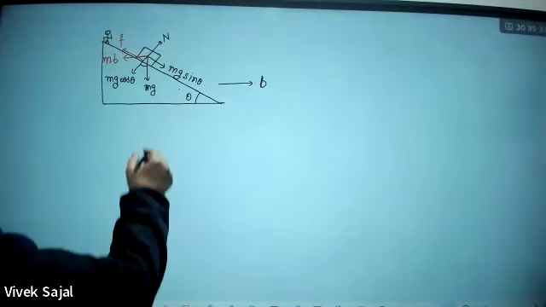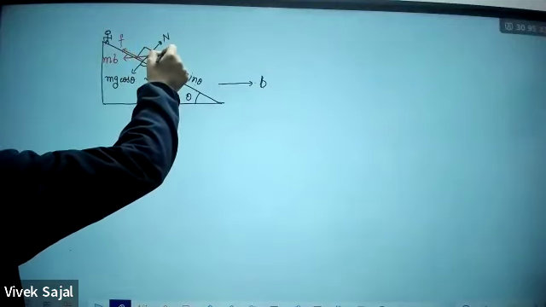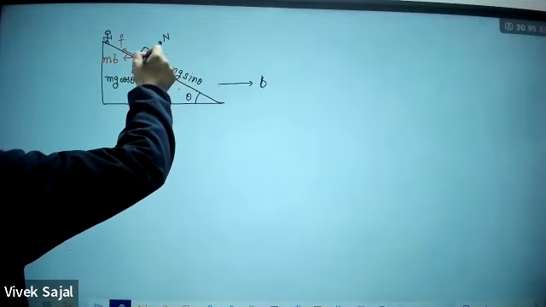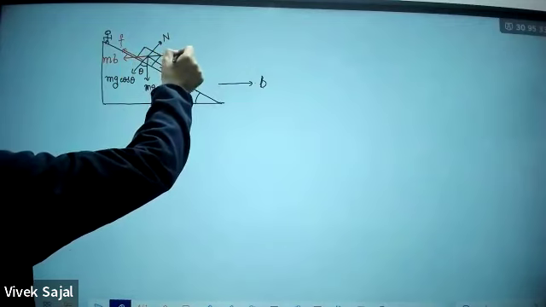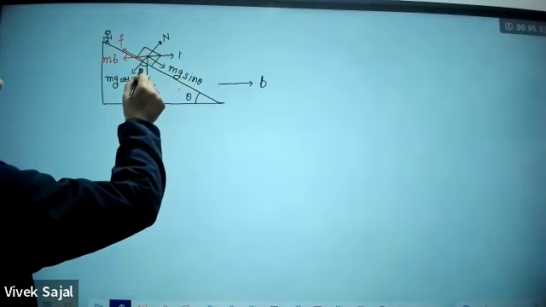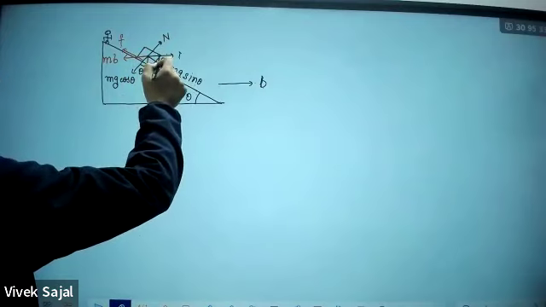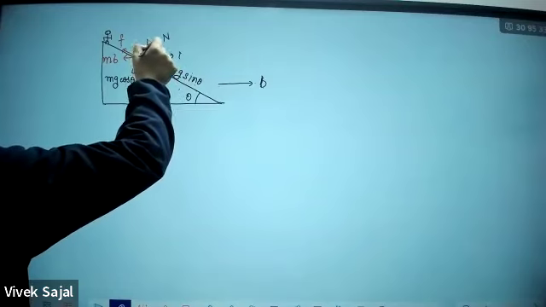This N, you can resolve it here. So this is theta, and this will be 90 minus theta.